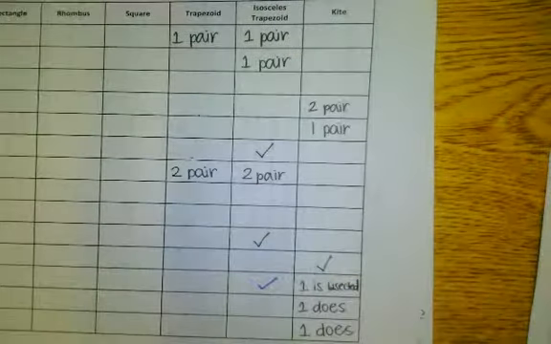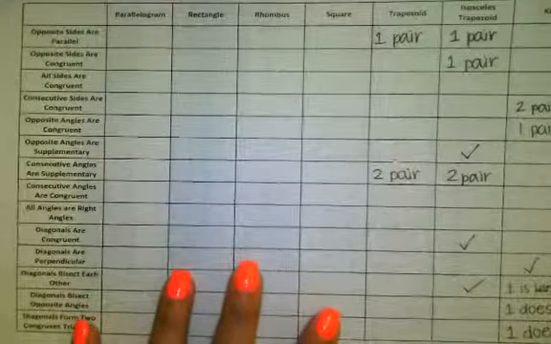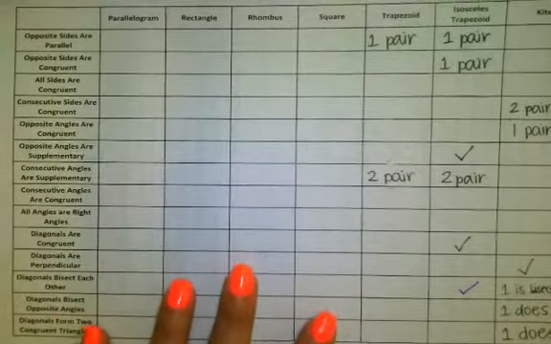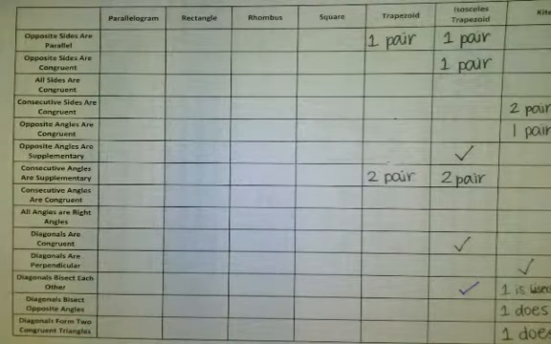Okay, your pink sheet. To differentiate between isosceles and regular, remember for your regular, all you have are 2 parallel bases and 2 legs.